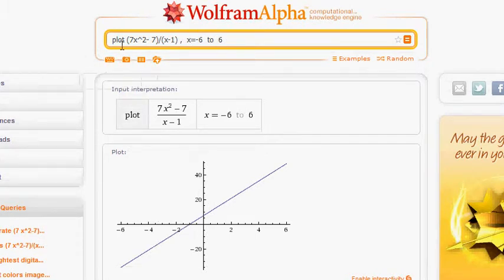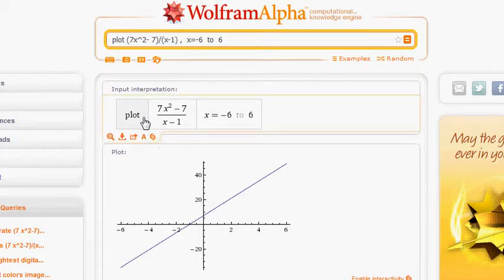So I issue the command plot 7x squared minus 7. Notice that I use the parentheses around the numerator, then this division sign, parentheses around x minus 1, the denominator, and then a comma, x equals negative 6 to 6.